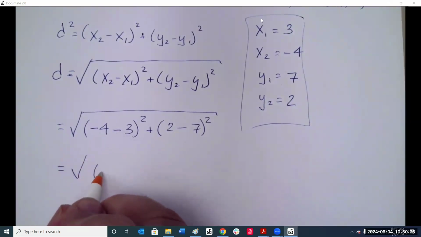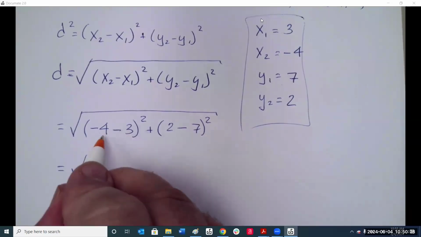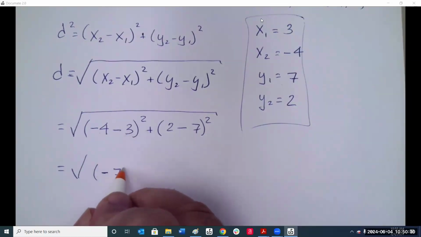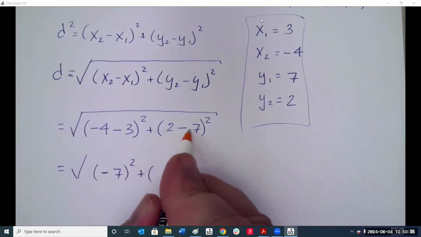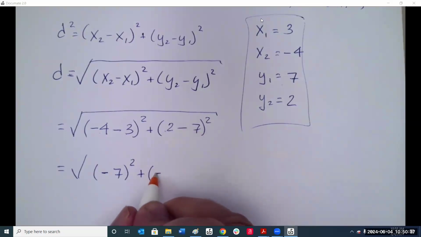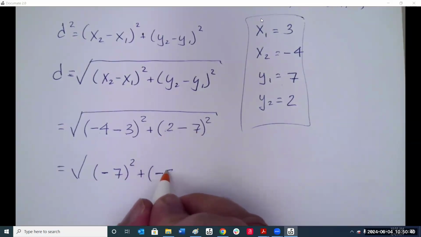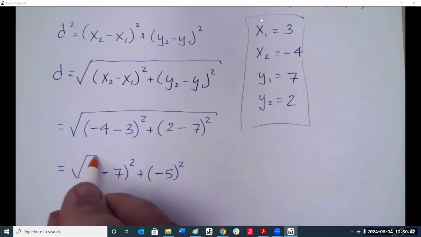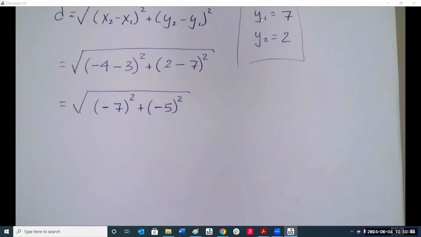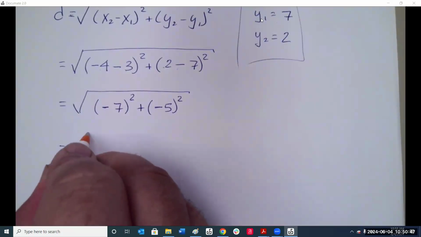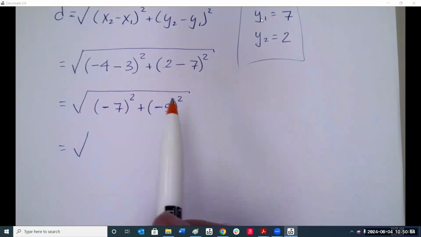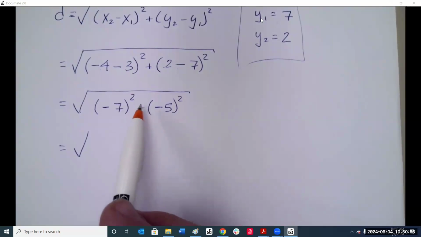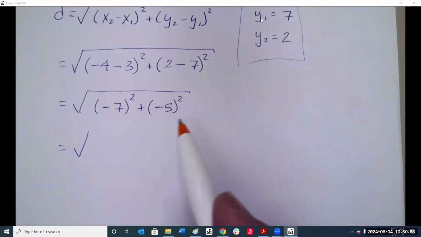Since they're both negative, the answer is negative. 4 plus 3 is 7. They're opposite signs. 7 is bigger, so the answer is negative. 7 minus 2 is 5. This is the reason why we square them, because they're both negative. When you square a negative, it becomes positive.